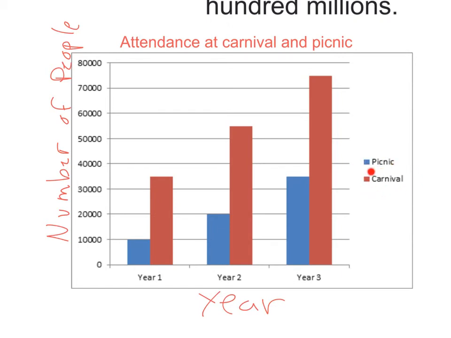So blue is going to equal the attendance at the picnic, and red is going to be the attendance at the carnival. Now, really quickly, this bar graph helps me see that each year the carnival has a lot more people. So the carnival is more popular. I can come to that conclusion. I can also see that both of them are becoming more popular throughout the years. Both of them have an increasing attendance.